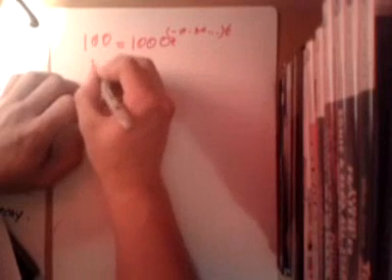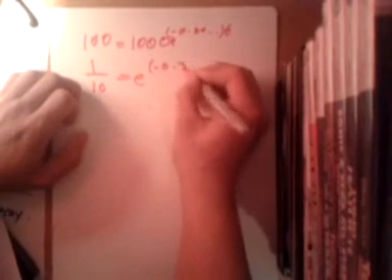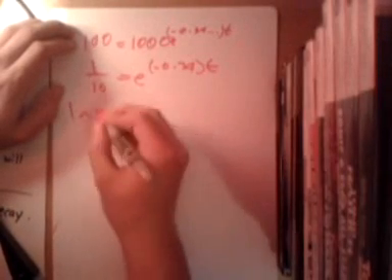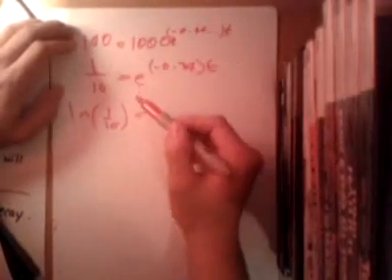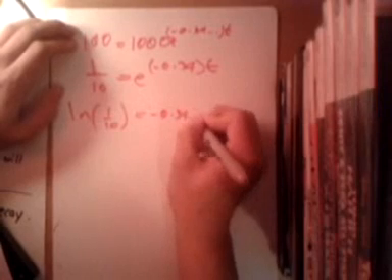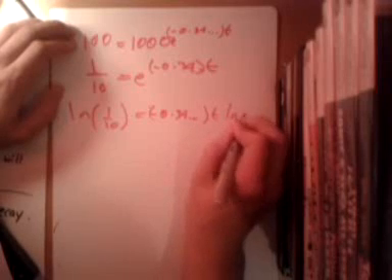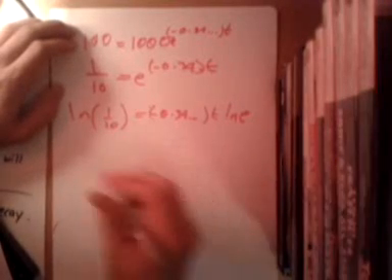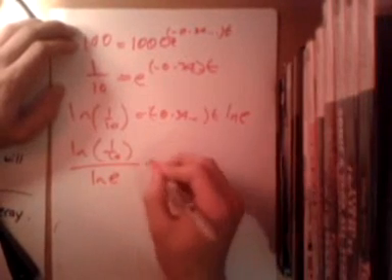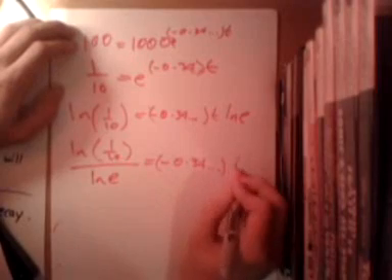So then, do some simplification. e to the minus 0.34 t. Okay, I'm going to use logs for this one. From the ones we've done before, we'll go straight into minus 0.34 dot dot dot, don't forget the dot dot dot, t ln e. Then we do a divide, ln of the value divided by ln e equal to minus 0.34 dot dot dot t.